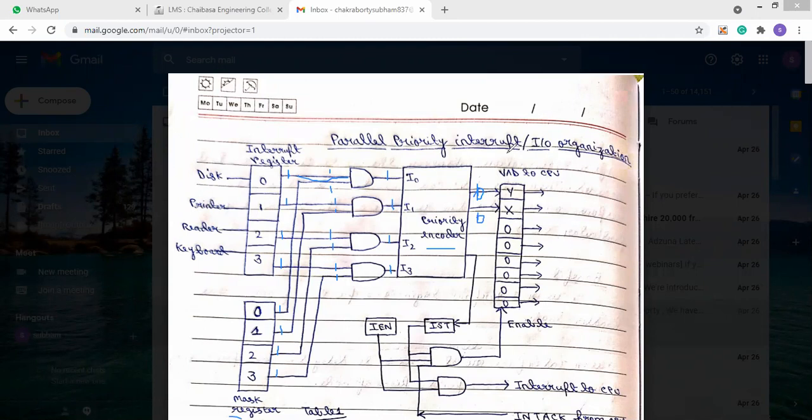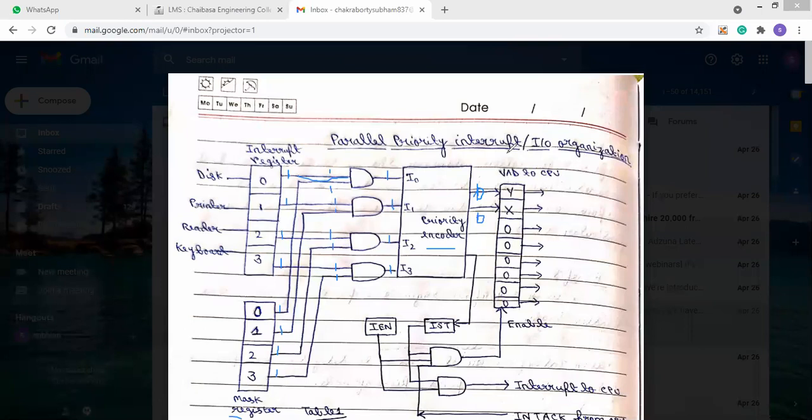The lowest priority will be at last, and the highest priority input output devices will be first. If any input output device generates an interrupt, its output will be 1. Initially the mask register value will be 1.